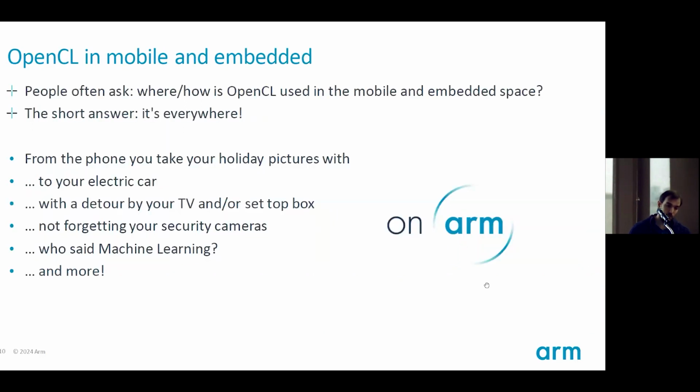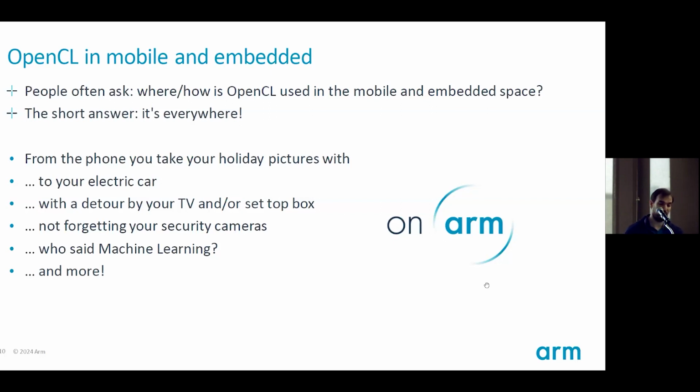Now, OpenCL in mobile and embedded, that's a question I really often get. People don't typically have a lot of visibility on how OpenCL is used in the mobile and embedded space. And the short answer is that it's really everywhere and in a lot more places than people suspect. So when you take your phone and take a picture with it, typically that gets processed with OpenCL on many, many smartphones.